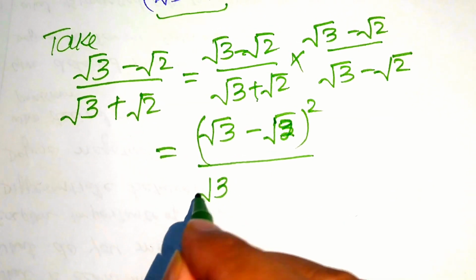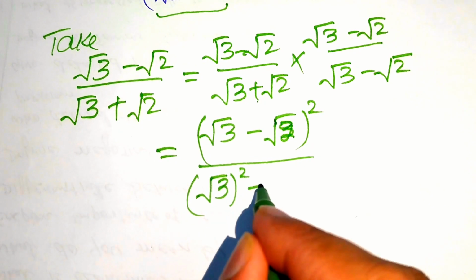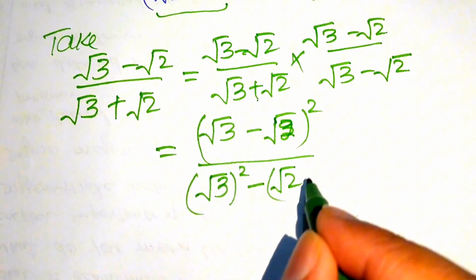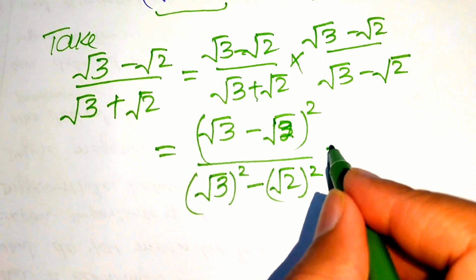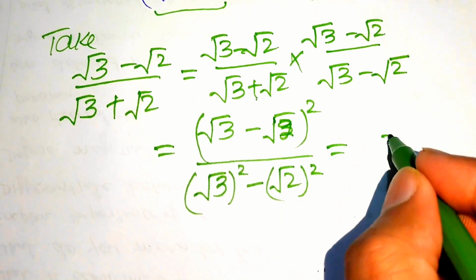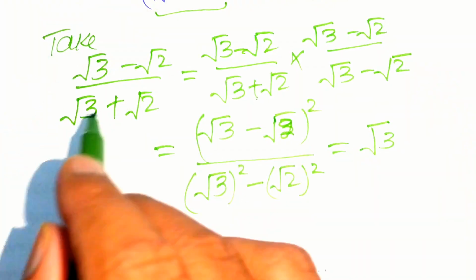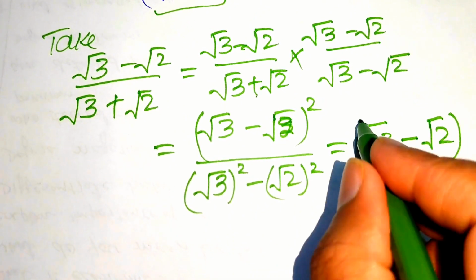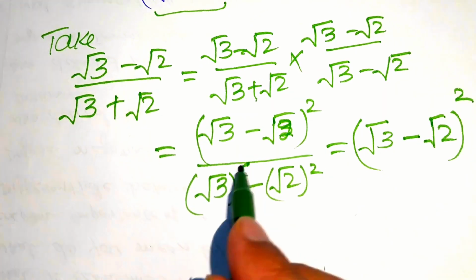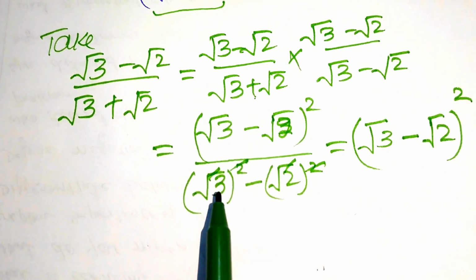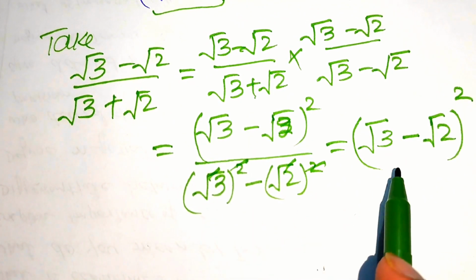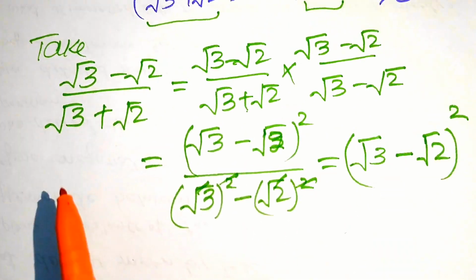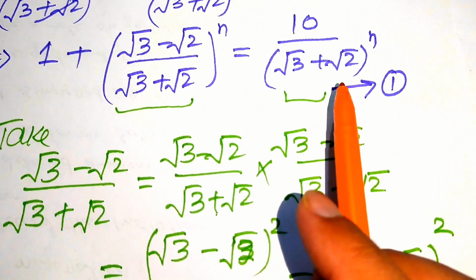It will be equal to (√3)^2 − (√2)^2. After simplification the square roots are gone, and we get 3 − 2, and we know that 3 − 2 equals 1.